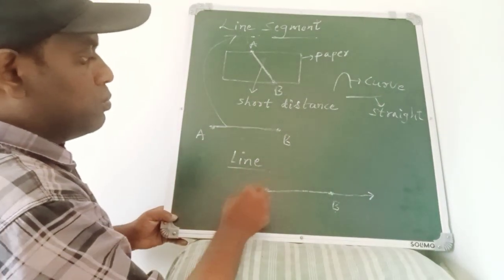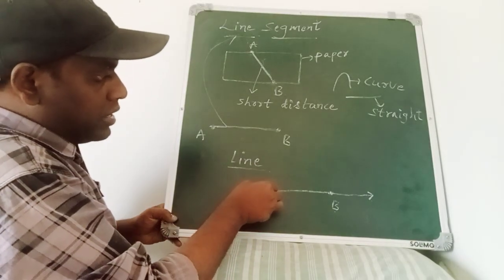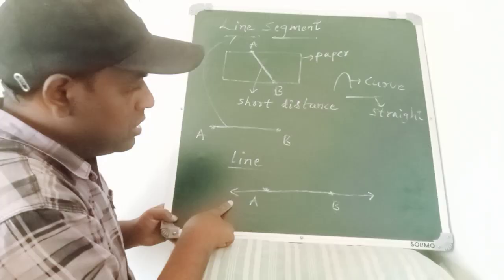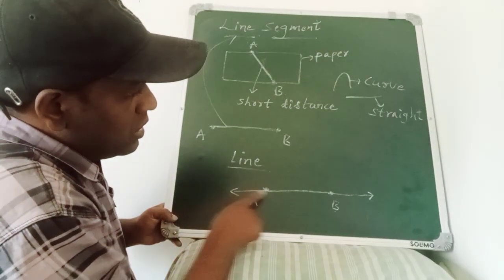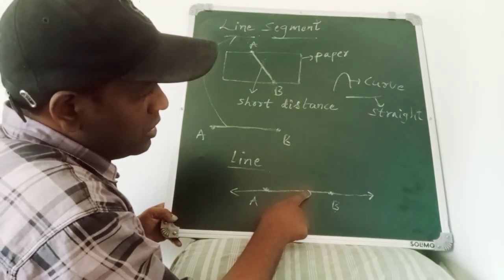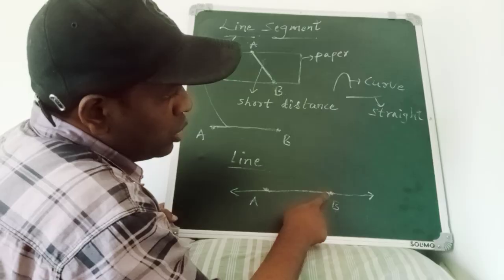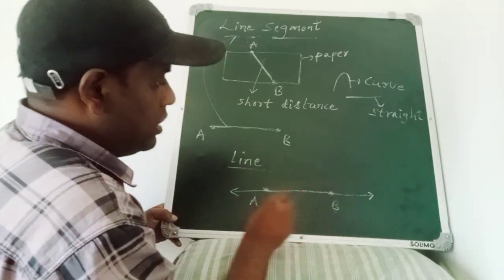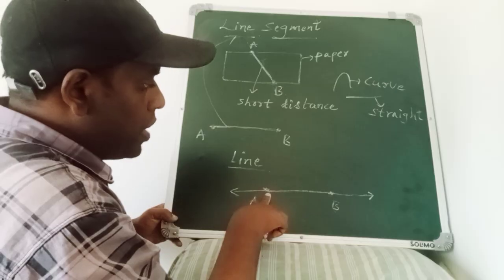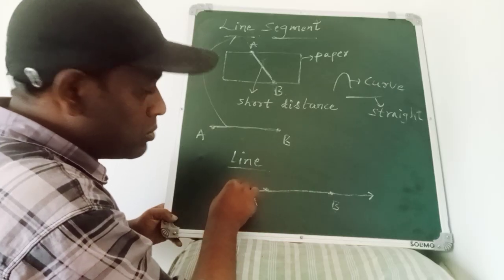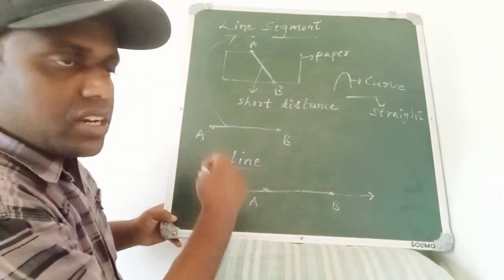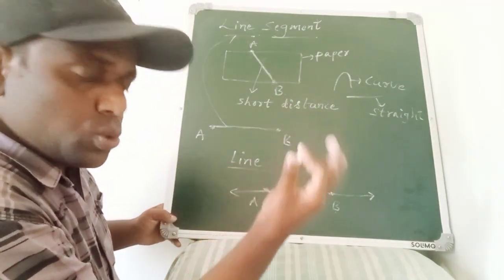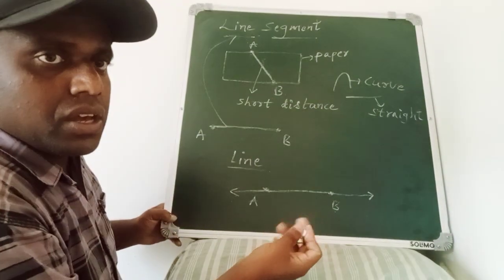Similarly, after point A also I will draw like this. I will put an arrow mark. This means the straight path is extending and going beyond point A, moving indefinitely.